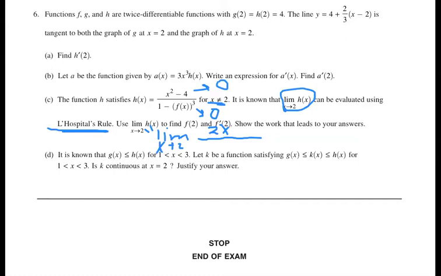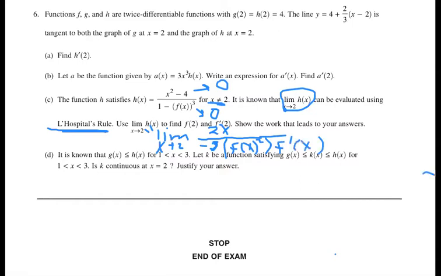The derivative of 1 is 0. Then I have to do the chain rule, so I bring the 3 down first, so that's going to be 3, and then f of x squared, times the derivative of f of x.